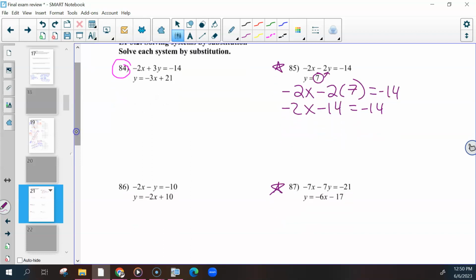Get x by itself by adding 14 to the other side, and dividing both sides by negative 2. If you had put in an equation instead of just a number, you would have to go back and find the other variable, but in this case, we have our x, we have our y, write that as the ordered pair there.